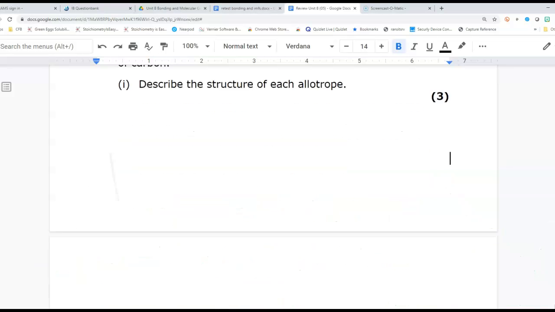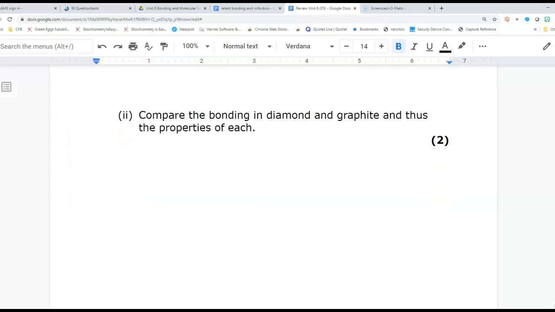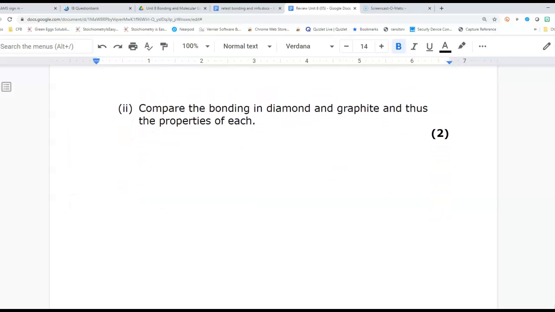And then I think maybe we're close to the end here. Compare the bonding in diamond and graphite and thus the properties of each. So diamond would have the electrons all trapped in carbon-to-carbon single bonds, making a large tetrahedral shape, whereas graphite would have 2 single and 1 double bond with some electrons in the p orbital, and that p orbital ends up making a delocalized electron.